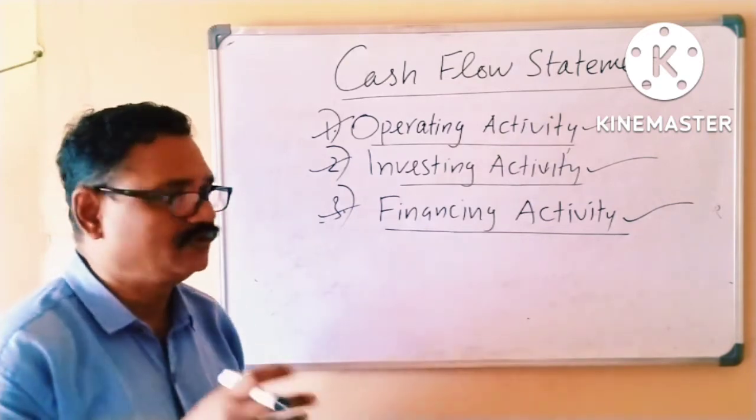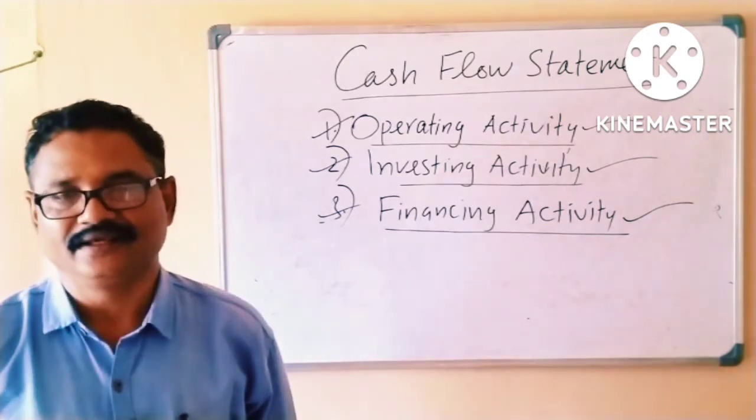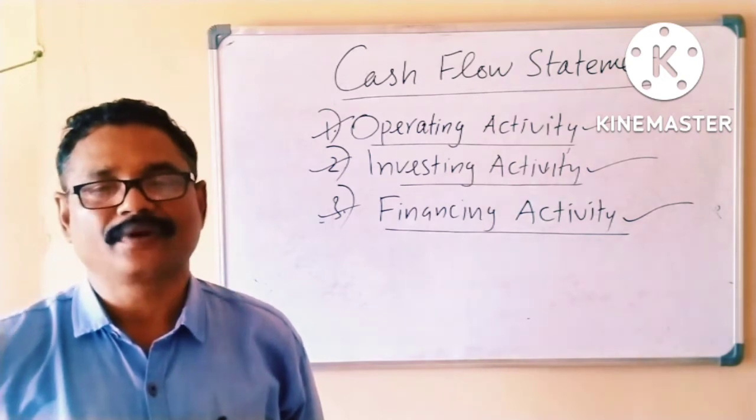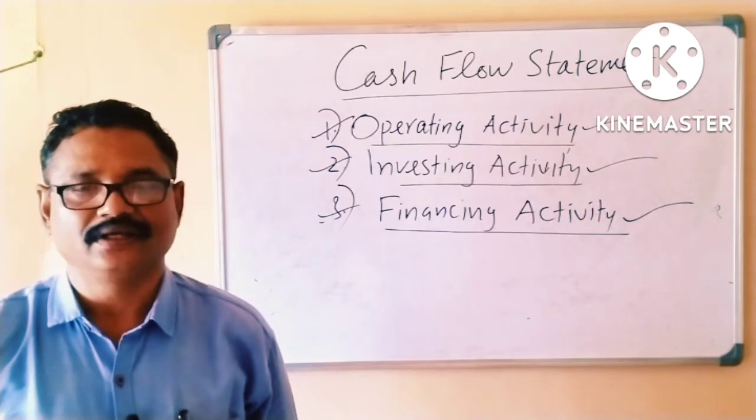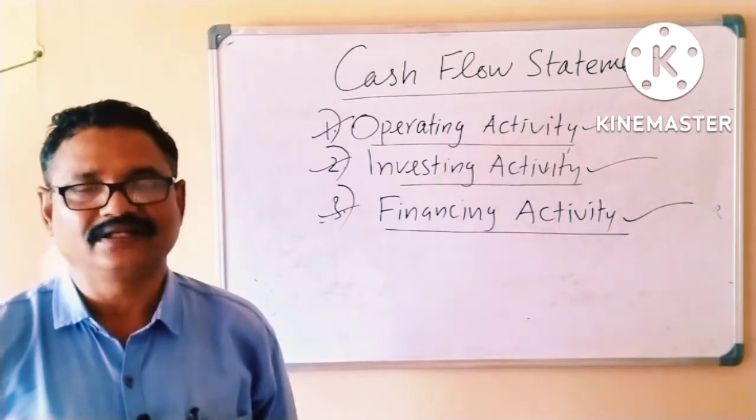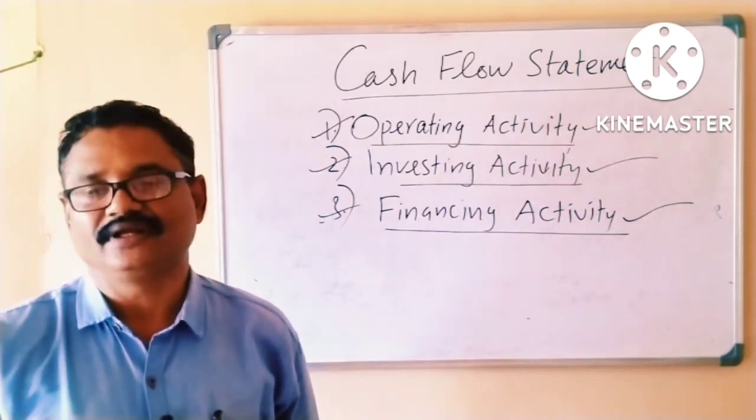All those items come under one category called operating activity. Through the operating activity, we will find out net working capital changes, isn't it?